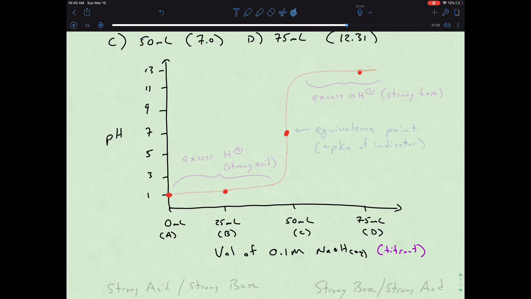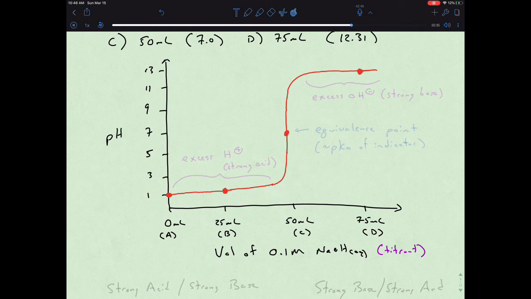So it kind of looks like you could just have a continued upsloping curve, but it actually looks a little bit more like this. We would need a lot more data points to determine this. But what you find is a very flat region, and then we would have a very sharp increase or vertical line, and then it's going to basically flatten out once we are in excess base.